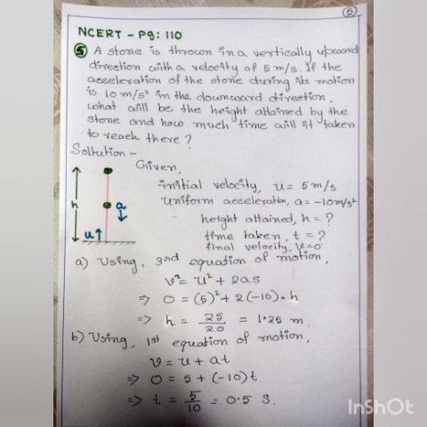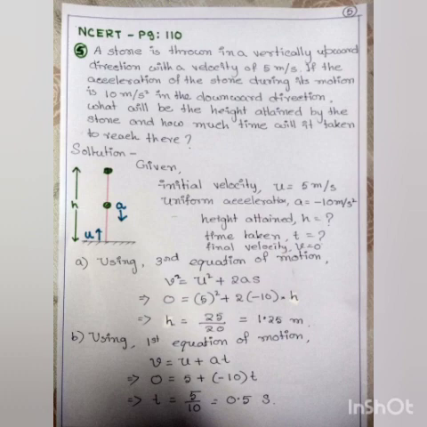Clear? So see here, first, to calculate the height attained by the stone, we will use third equation of motion, that is v square equals to u square plus 2as.